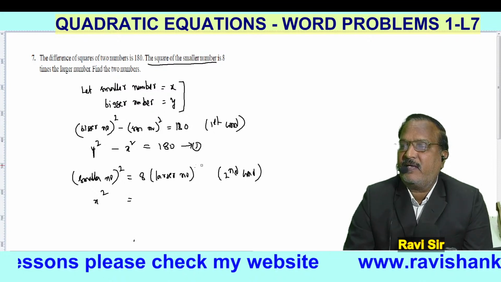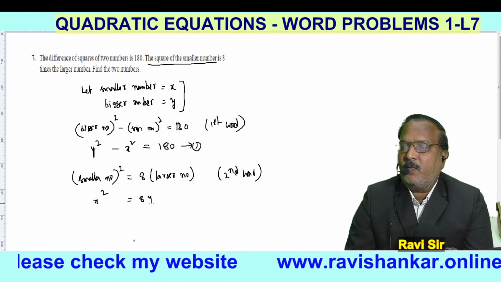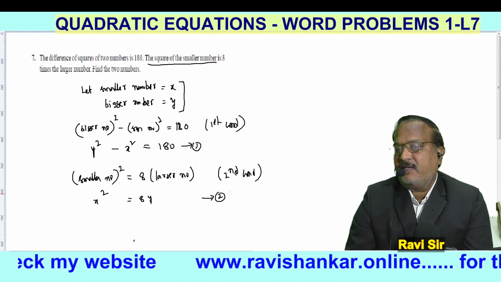So smaller number is x. Sorry, the square of the smaller number, x square, is equal to 8 times the larger number, so 8 into y. This is the second condition, the second equation.